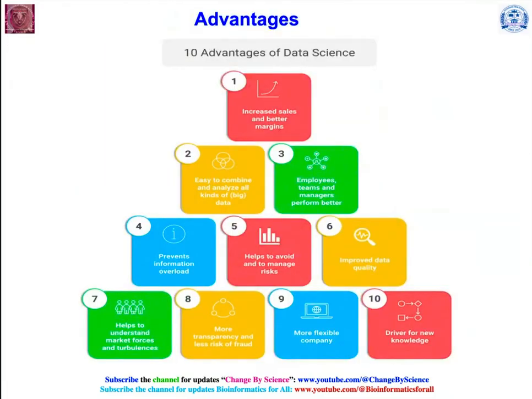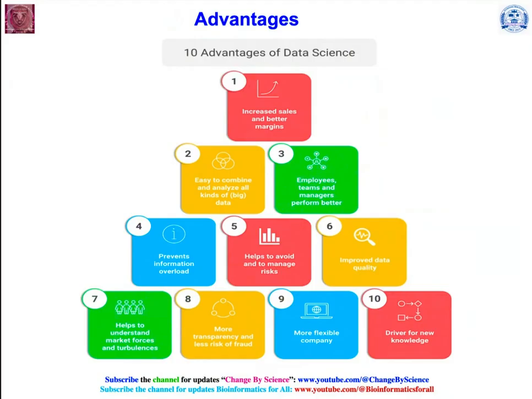So what are the advantages of data science? This I have already mentioned, and there is no need to repeat it. But in general, if somebody is asking you the top 10 advantages, depending on the domain, you can easily tell the top 10 advantages of data science. For example, here: increased sales and better margins if you are working in some selling sectors or the business sectors, then easy to combine and analyze all kinds of data.